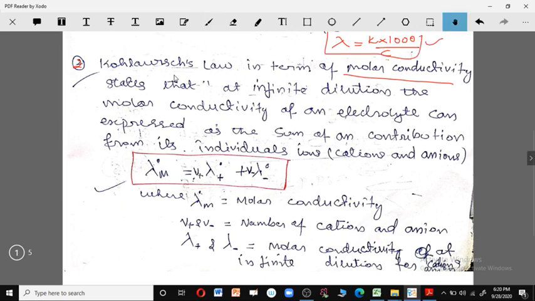Kohlrausch law stated in terms of molar conductivity says that at infinite dilution, the molar conductivity of an electrolyte can be expressed as the sum of the contributions from its individual ions, cation and anion.